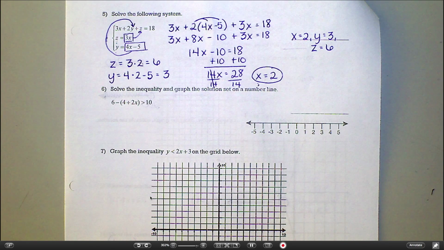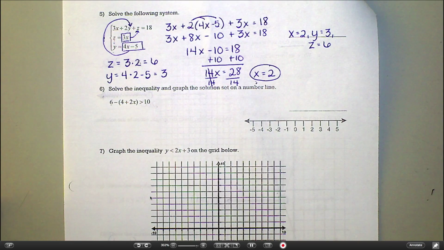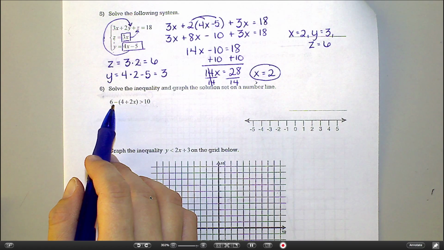Okay, number 6 is asking me to solve this inequality. This is just like equation solving. In this particular inequality, there's something that's really tricky in terms of solving. It's a mistake that I see even when we solve equations. This says 6 minus all of this stuff in parentheses. We do need to distribute, but you want to make sure that you're not distributing everything. You're only distributing what's exactly right in front of the parentheses.